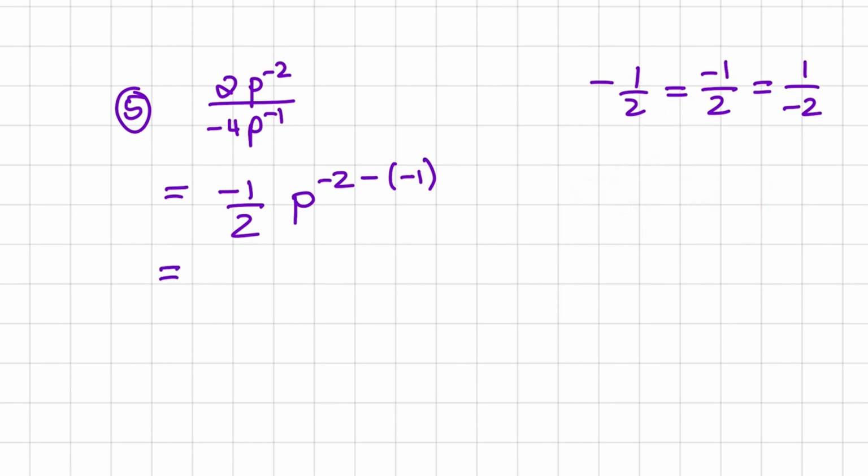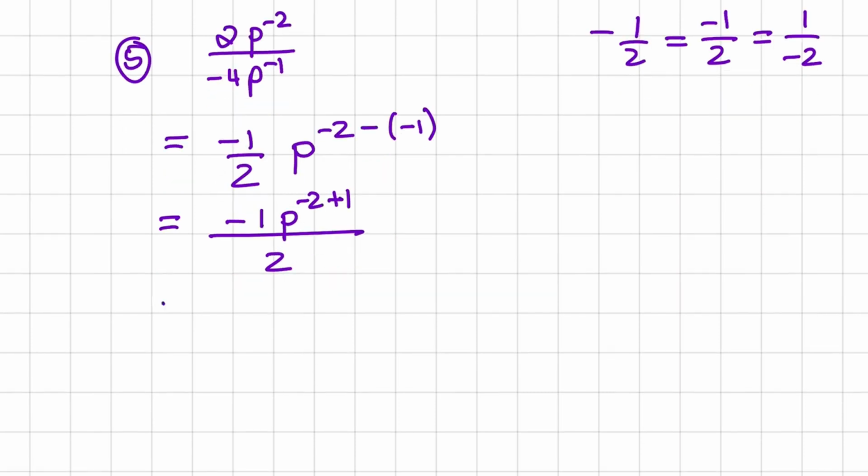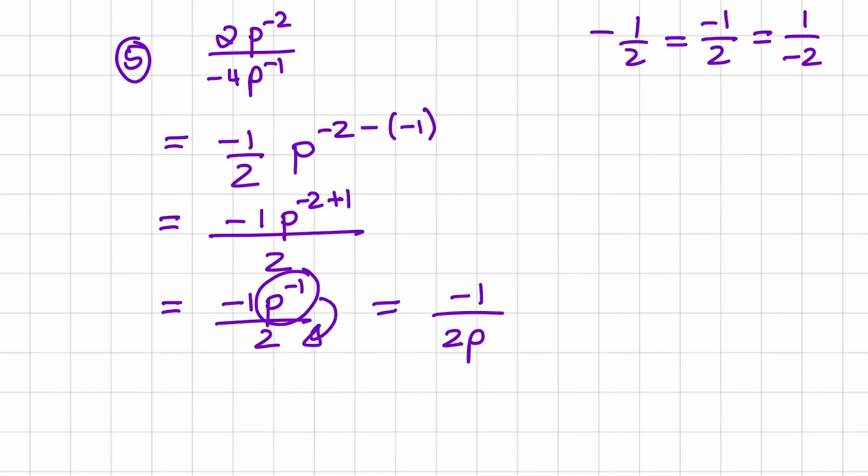So if I simplify, this would be -1/2, p to the power of -2 plus 1. And if I simplify further, this would be -1/2, p to the power of -1. But in algebra, it's good practice to leave our answer in positive exponents. So I'll take the p to the denominator.